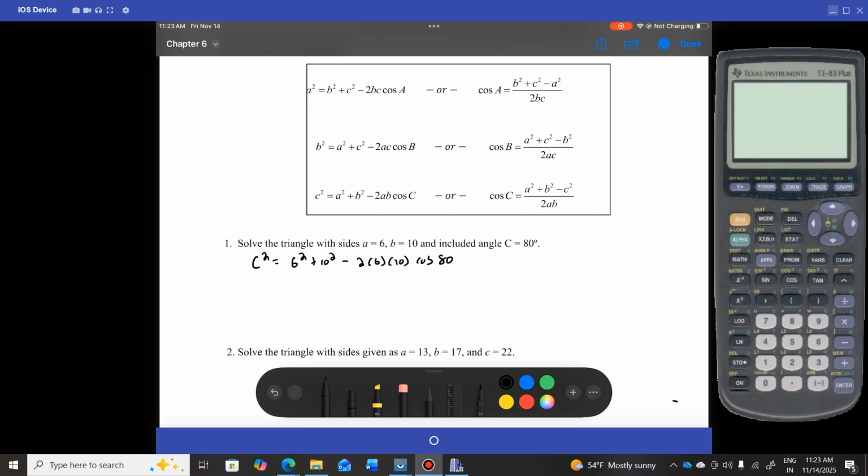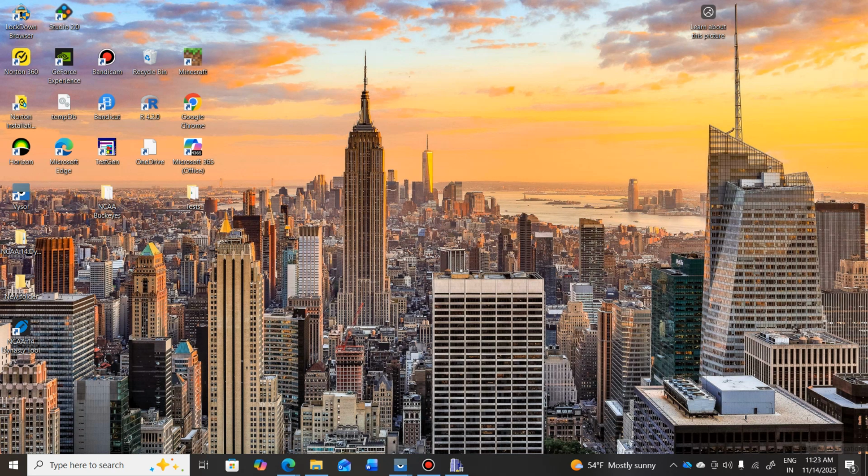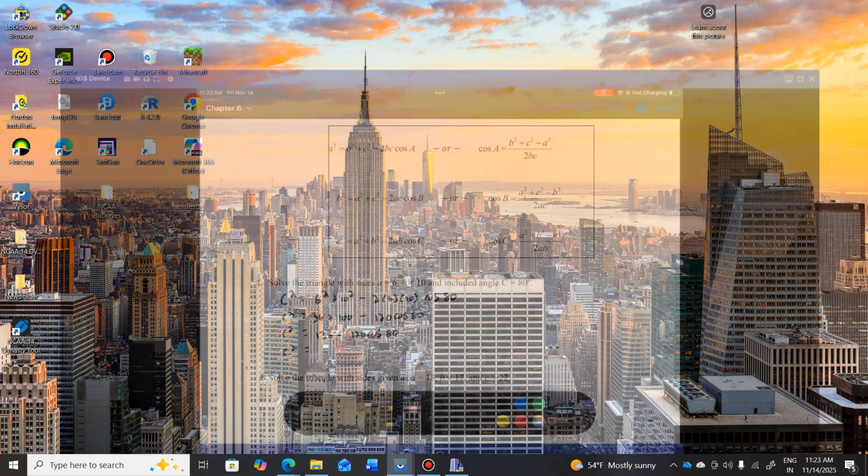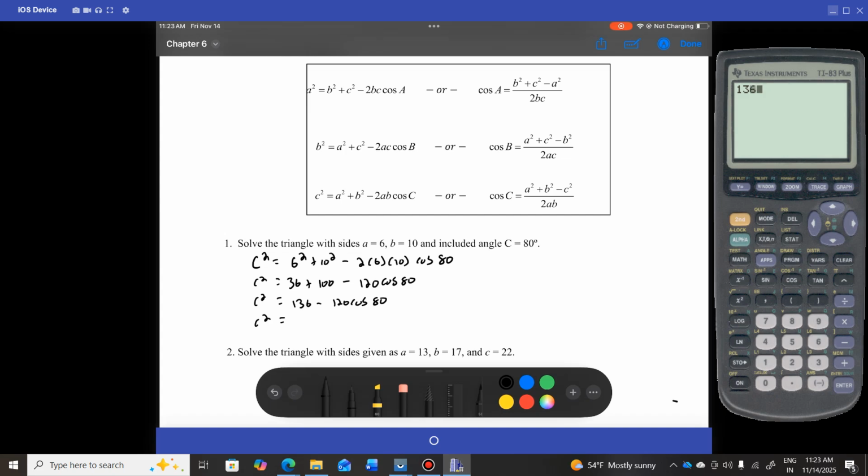And so we'll simplify this some. 36 plus 100 minus 60 times 2 is 120 cosine 80, and then 136 minus 120 cosine 80. And then remember, this is c squared, so we're going to have to take the square root as well. So 136 minus 120 cosine 80.